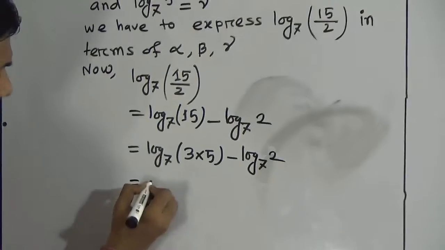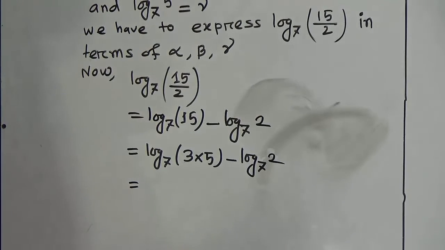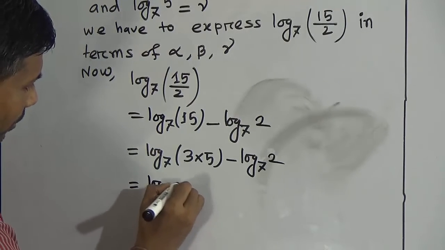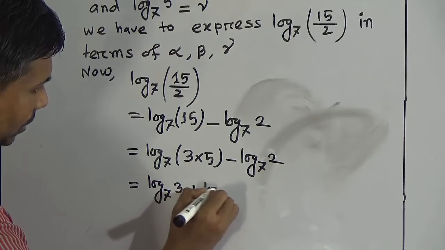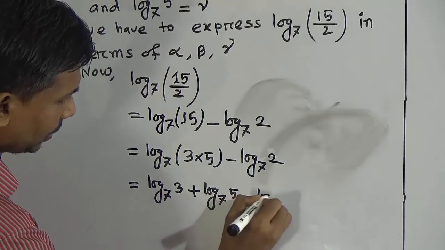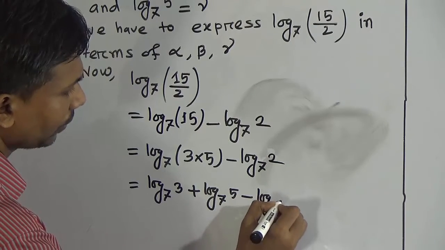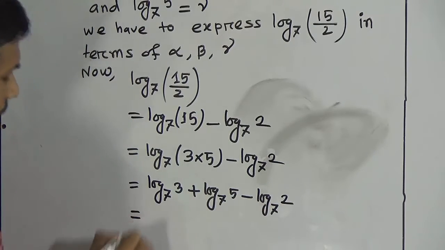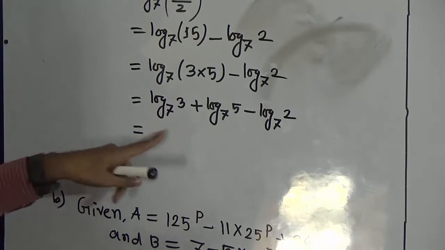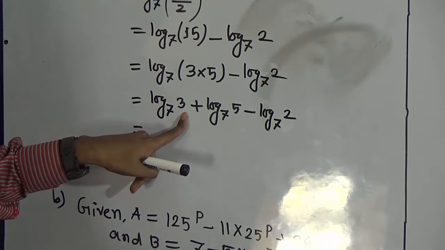This can be written using the product of logarithm formula: log 7 3 plus log 7 5 minus log 7 2. Okay, look here, log 7 3, this is equal to what?